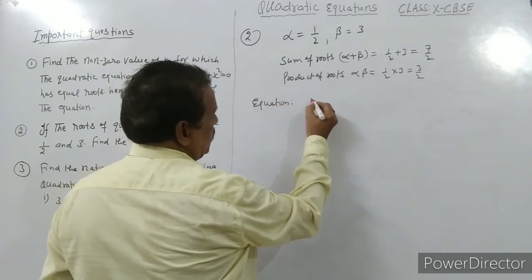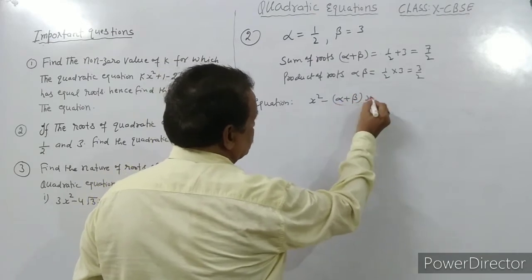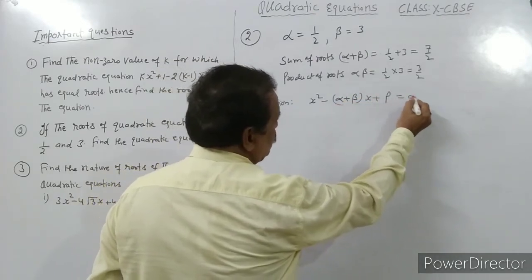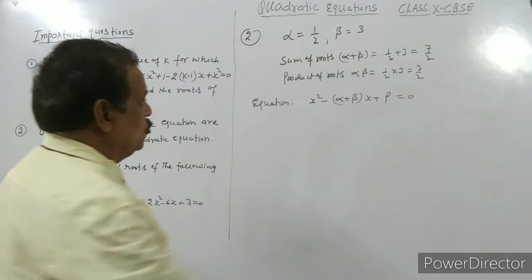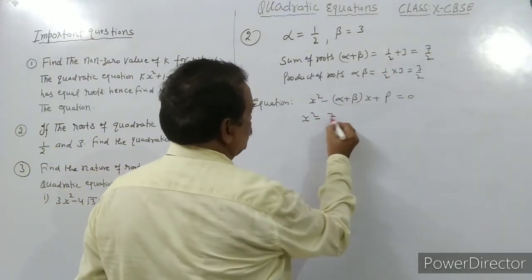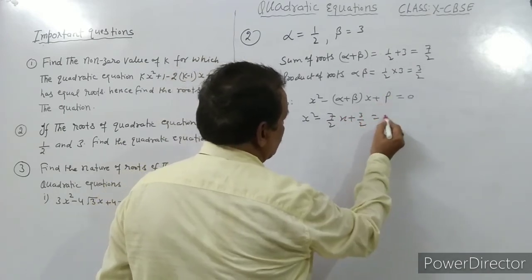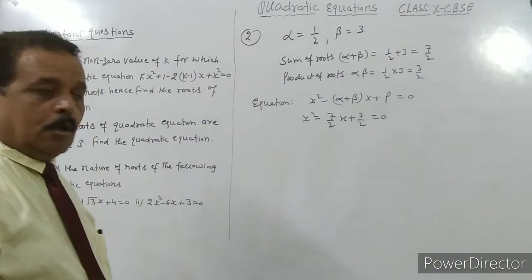The equation is x square minus sum of the roots into x plus product is equal to 0. So putting the values, x square minus 7 upon 2 into x plus 3 upon 2 is equal to 0. So this is the quadratic equation.